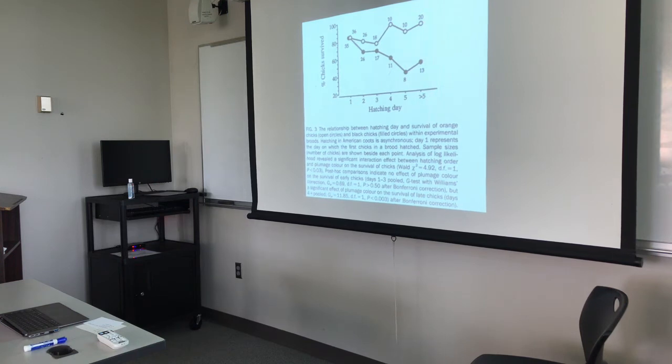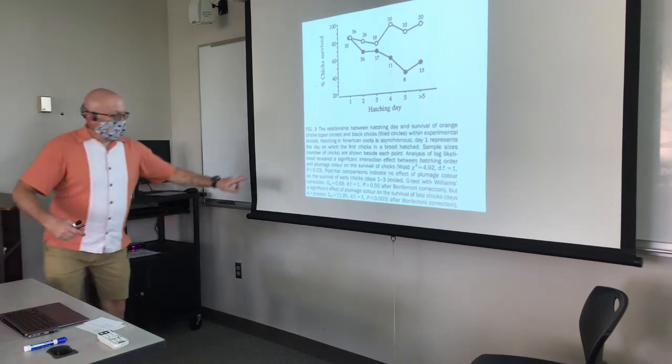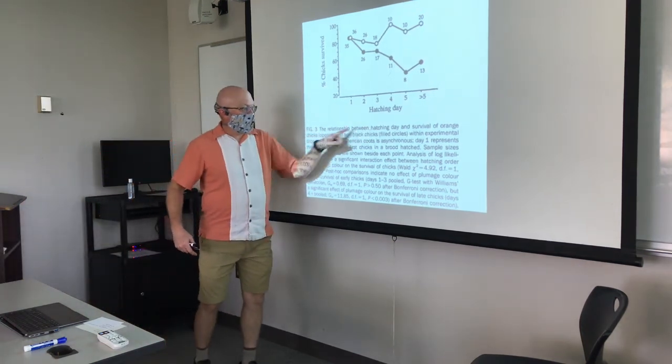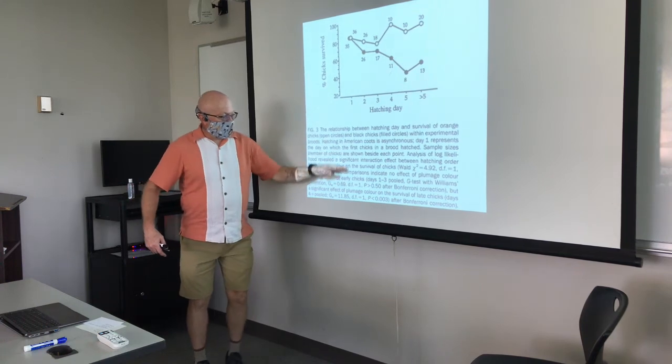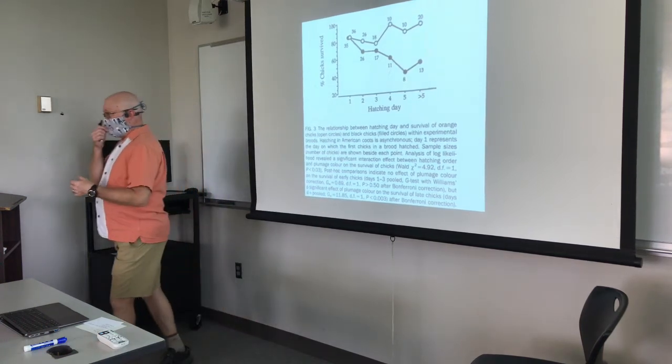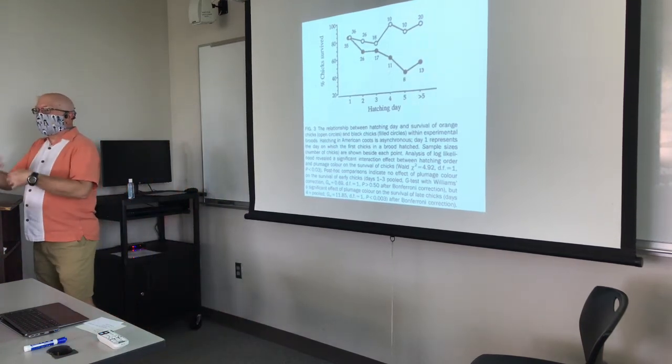So a caption has three components: a figure or table number, a title, and then an explanation as to what's in there. So this is the figure number, this is the title, and then all the rest of this is explanation. And in that explanation, they're explaining to you what's going on in the figure.